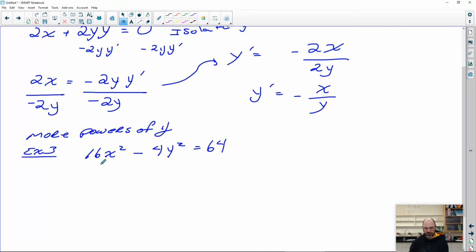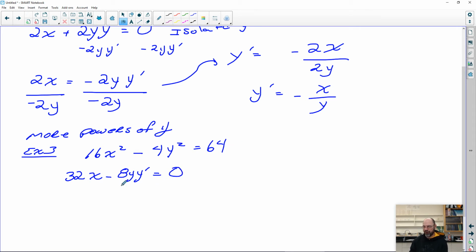So we've got to use regular derivative rules. So 2 times 16 is 32x, 2 minus 1 is 1, so x. And then we use regular derivative rules here. Minus 2 times 4 is 8y to the 1, and then we have to follow it by a y prime, equals the derivative of 64, which is 0.